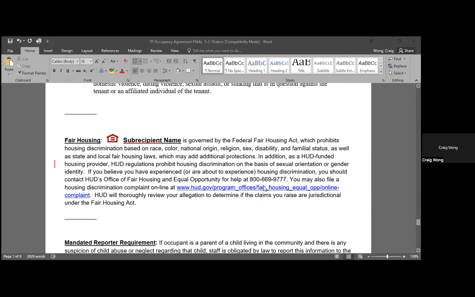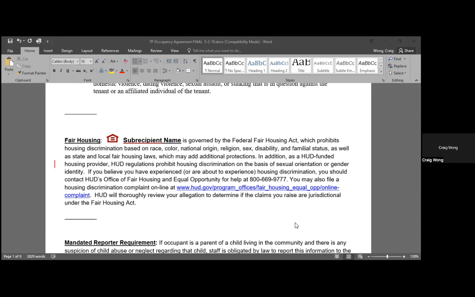Another important part of the occupancy agreement that we've included is fair housing. Everyone has the right to fair housing. They should not be discriminated against based on race, color, national origin, religion, sex, disability, family status, and so forth. And so clients need to understand that they have rights, and they should not be discriminated against for any reason.